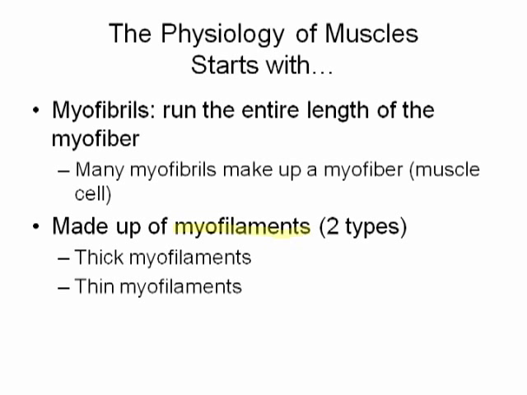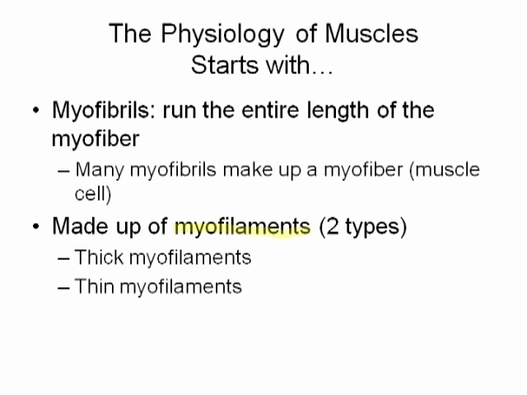We have thick myofilaments and we have thin myofilaments. Each of these have their own specific anatomy, and the anatomy is specific to the function that they perform during the act of contraction. Now, let me just pause here for a second and make sure that we're all on the same page here.